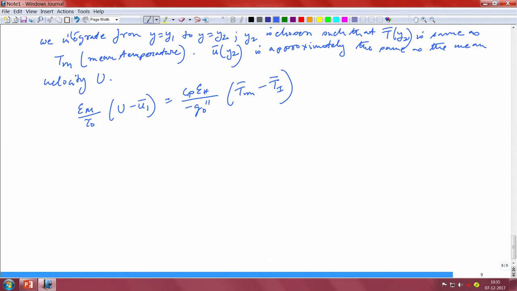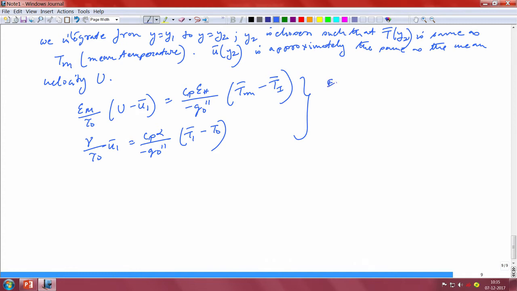This is the second equation. Let me write down the first equation: tau naught u1 bar is equal to Cp alpha over minus q naught double prime times T1 bar minus T naught. So, these are the two expressions that we have.